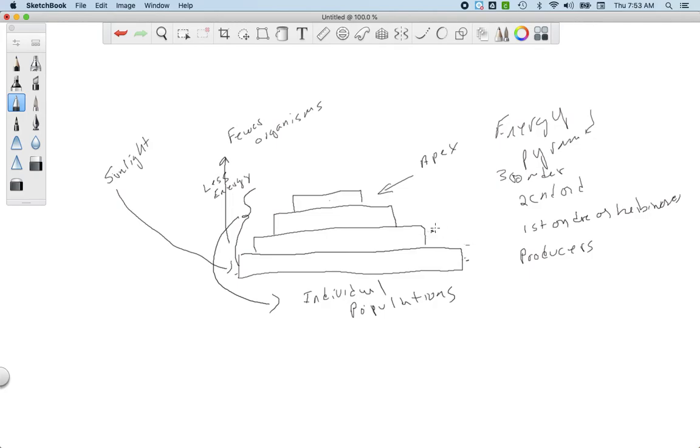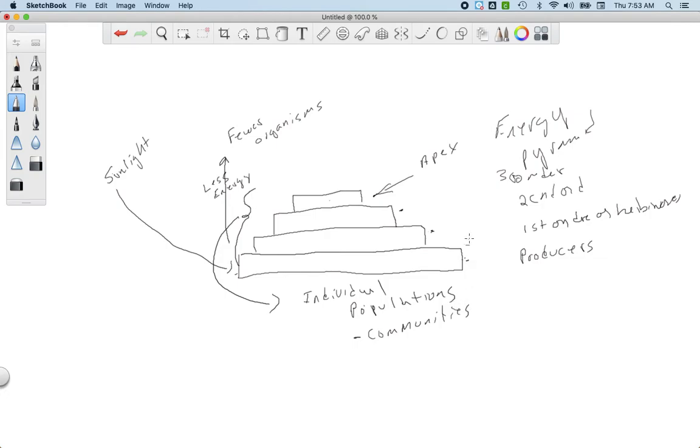We have a population of grasshoppers at the secondary level. We have a population of sparrows on the third level, and eating those sparrows might be a hawk. So a population of hawks at the apex. Now together, all these populations make up communities.